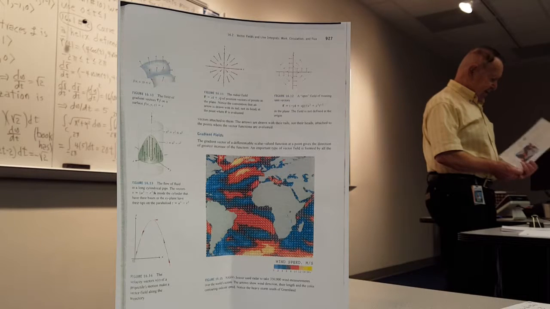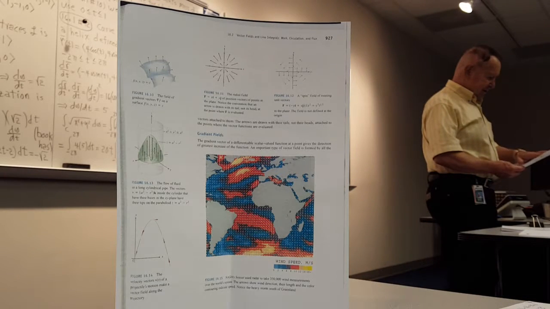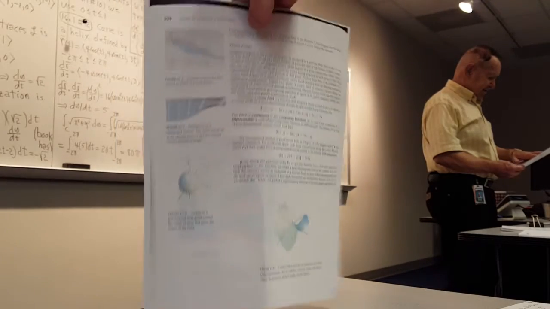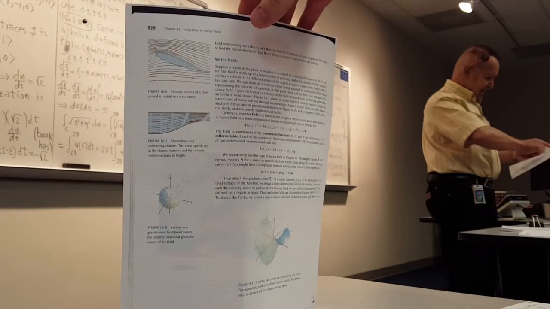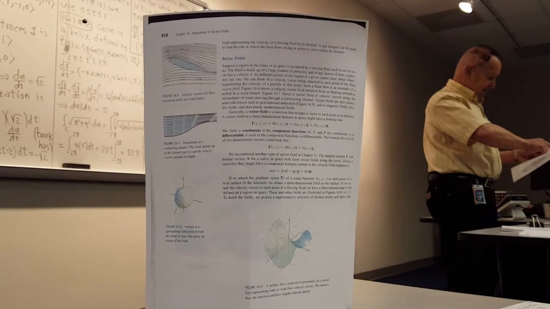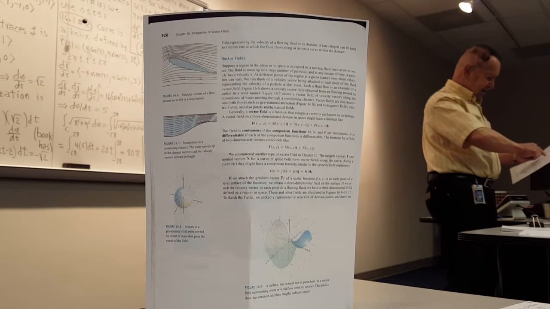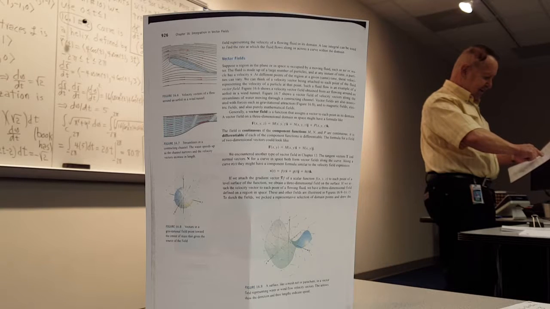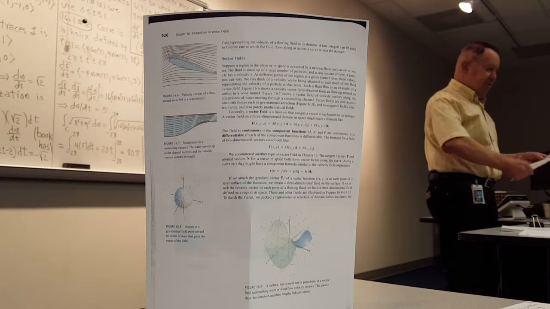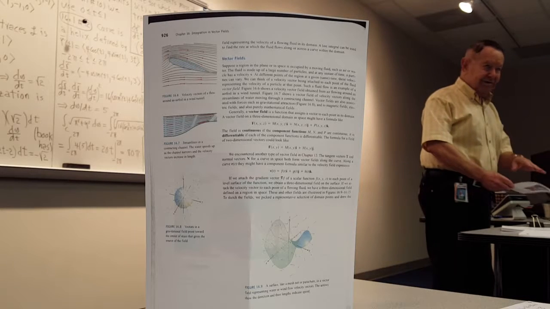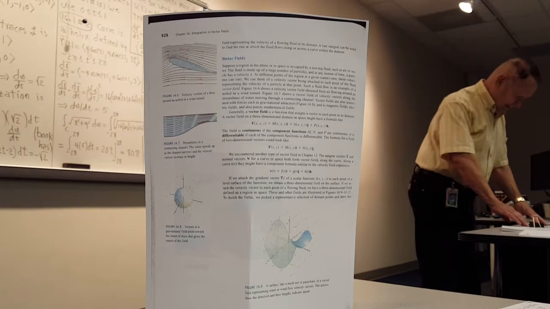And then they're talking about gradient fields. If you turn the page over, they're talking about vector fields. If you'll notice, it says vector fields, and then there's a fairly lengthy paragraph, and then there's a sentence: generally a vector field is a function that assigns a vector to each point in its domain. So I was talking about that.